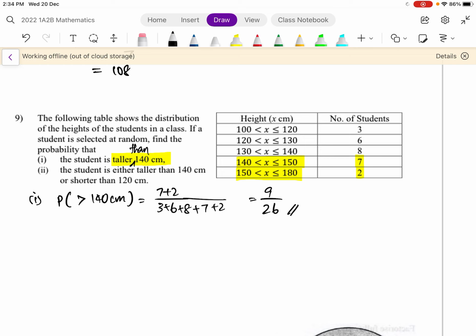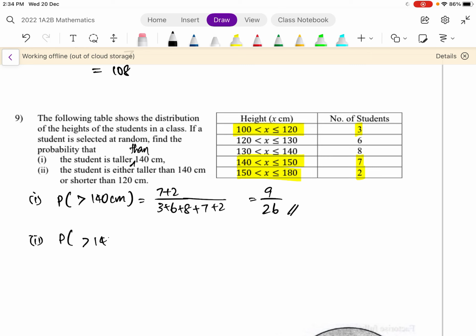Okay, so part 2, find the probability the student is either taller than 140, so it's still these two categories, or shorter than 120, that'll be this category. So these are the students we're interested in.